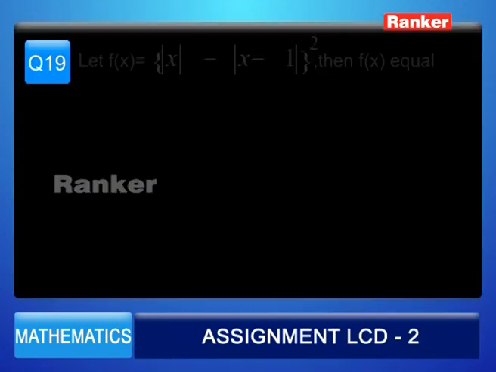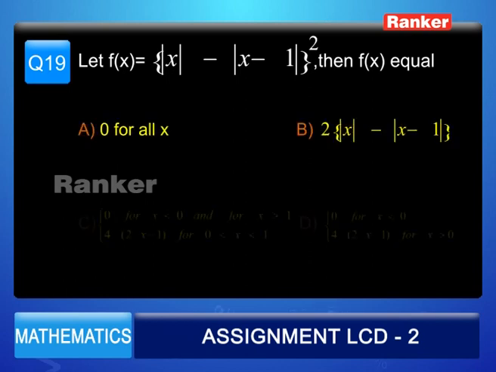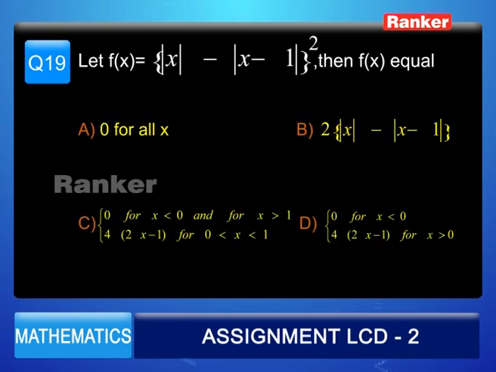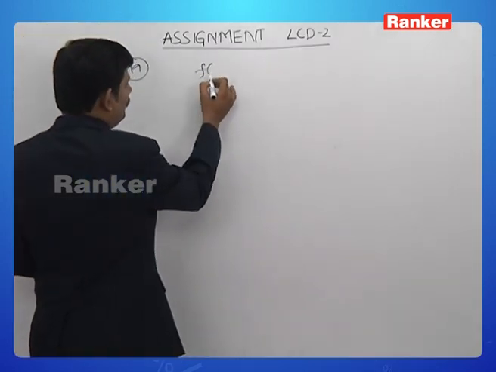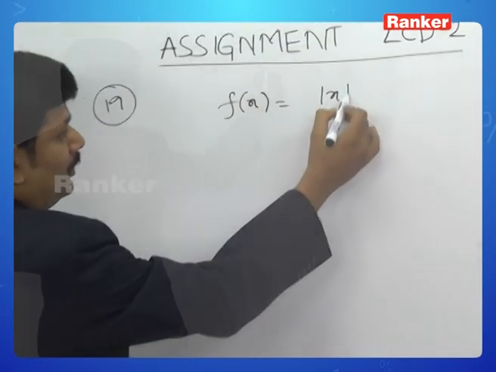Next question: if f of x is equal to mod x minus mod x minus 1, whole square, then find f dash of x.